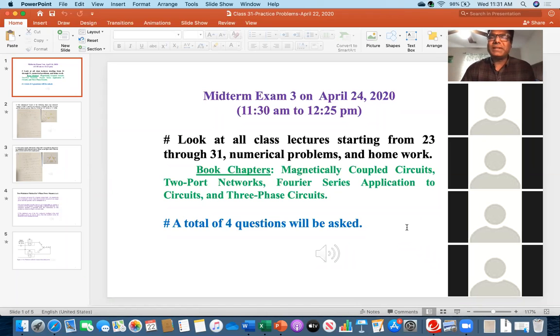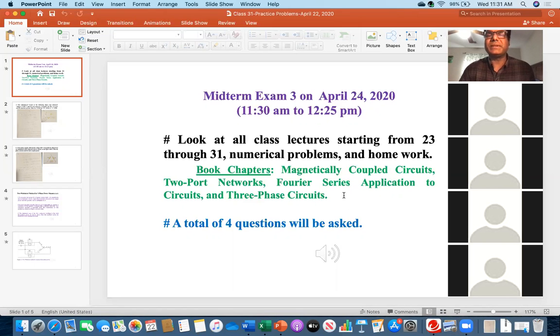Okay, so here is again the reminder about your midterm exam 3 that you'll be taking this Friday. This means April 24th. And for the syllabus, you have to look at all class lectures starting from 23rd through 30th, which means today's class, and try to understand all numerical problems and the homework.